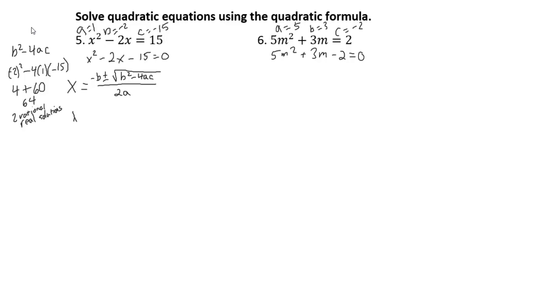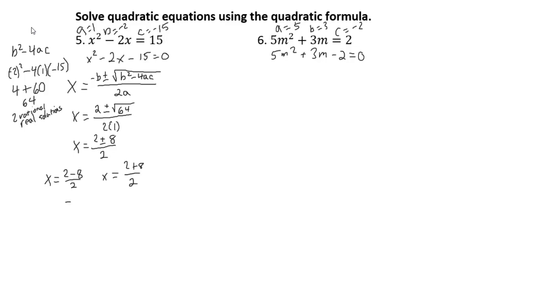All right, so then we have x equals the opposite of b, which would be a negative negative 2, 2, plus or minus square root of 64, all over 2 times 1. So that's x equals 2 plus or minus 8 over 2. Split that into 2 problems, x equals 2 minus 8 over 2, and x equals 2 plus 8 over 2.